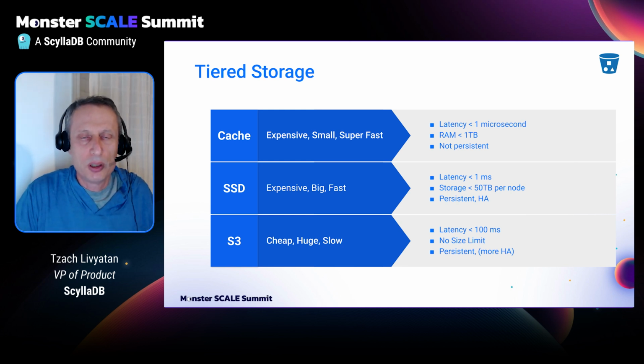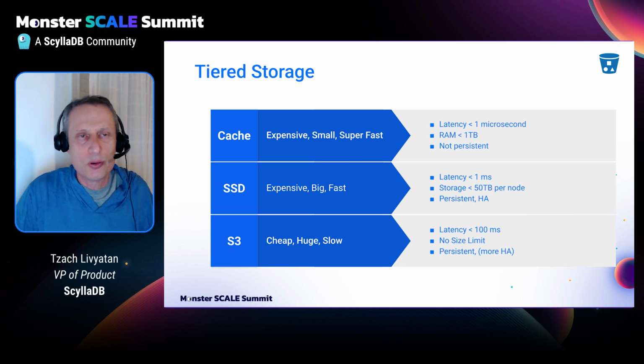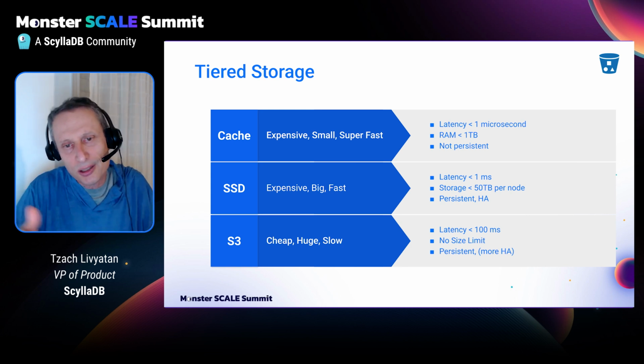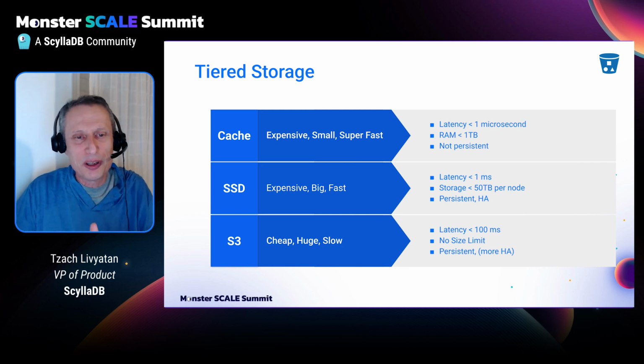One example can be that you want to keep the last week on SSD and the last 2 months on S3. The assumption here, and if this assumption is not true, maybe you don't want to use it, is that the latest data is hotter, you access it more frequently and with low latency, but as the data ages, like all of us, it becomes slower and you probably need to access it less frequently, and you are fine with paying with latency in case you do want to access this kind of information.